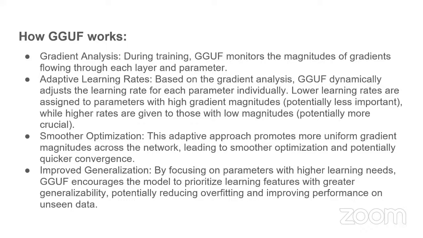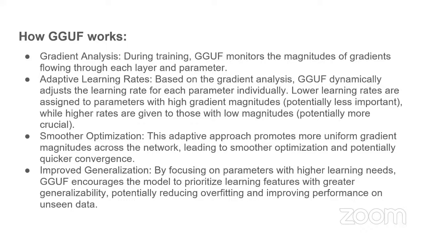Then there are adaptive learning rates. Based on the analysis of these gradients, GGUF changes the learning rates for each parameter individually. If a parameter has a high gradient magnitude, meaning it's already changing a lot, it gets a lower learning rate.